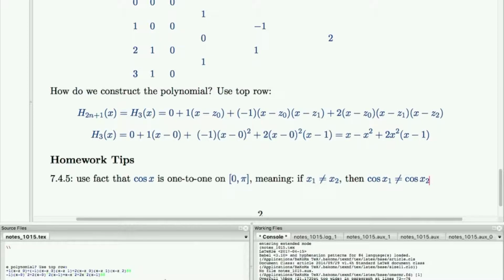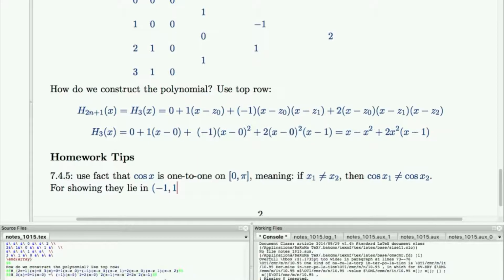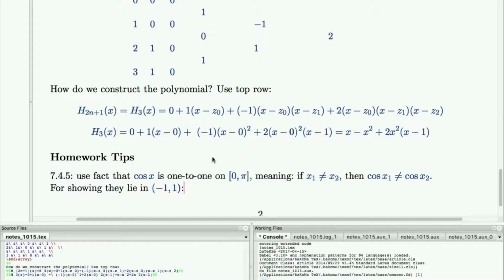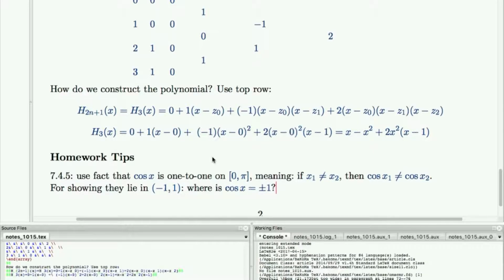And for another part of the same problem, notice I have the open interval here, -1 to 1. So -1 and 1 themselves are not to be included. Keep in mind, where is cosine equal to plus or minus 1? Which angles? If you can show that these angles where cosine is equal to plus or minus 1 are not among the ones plugged into the formula for the roots, then you know that this holds.